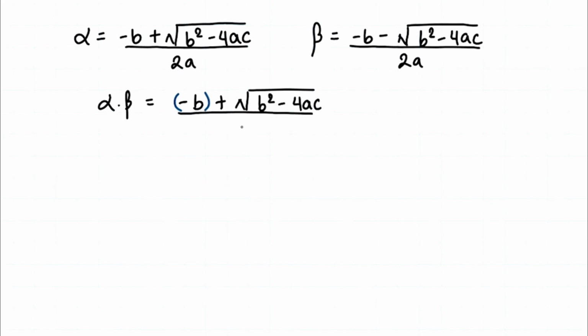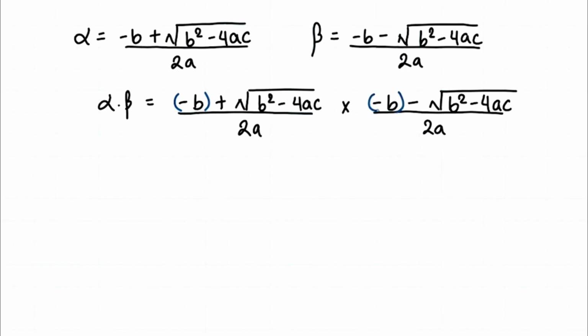So we have this divided by 2a, times minus b minus square root b square minus 4ac divided by 2a. Again, I'm going to put a small bracket over our minus b here. Now I'm putting a curly bracket around this whole thing and another curly bracket over here as well.